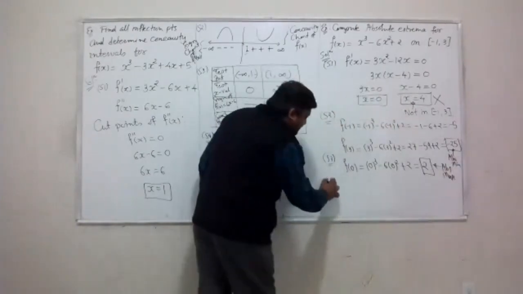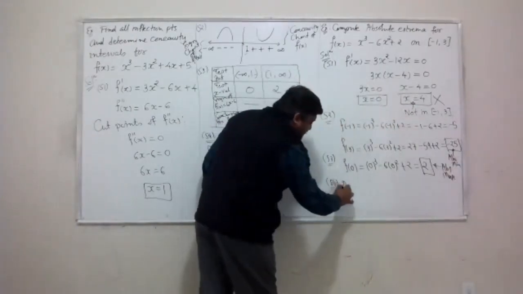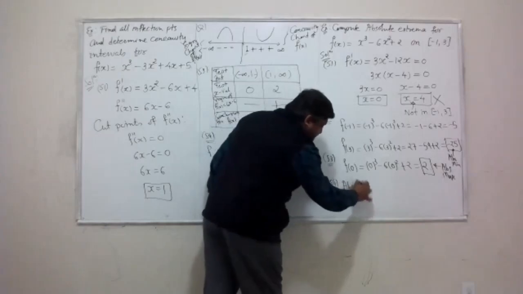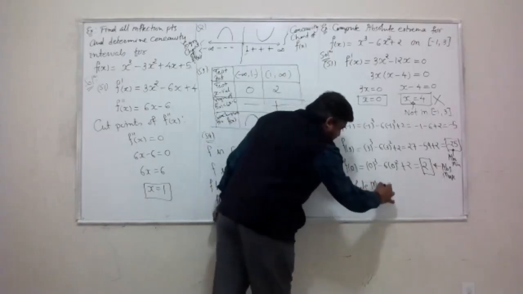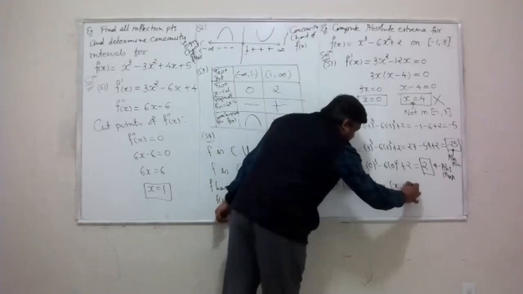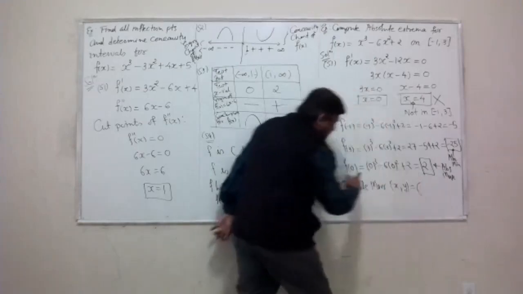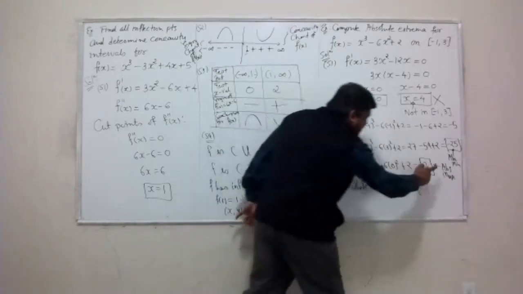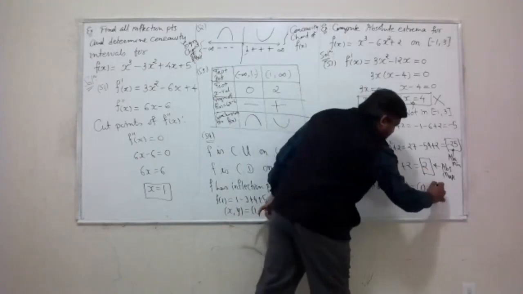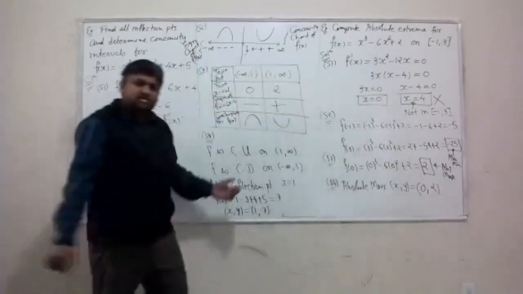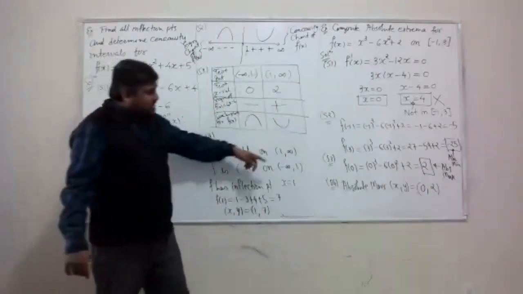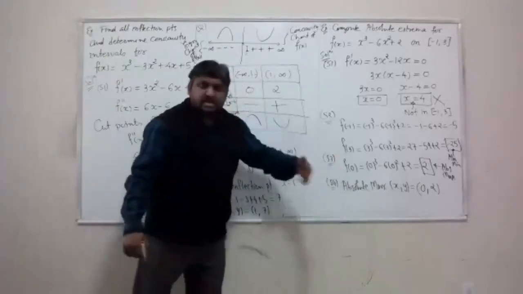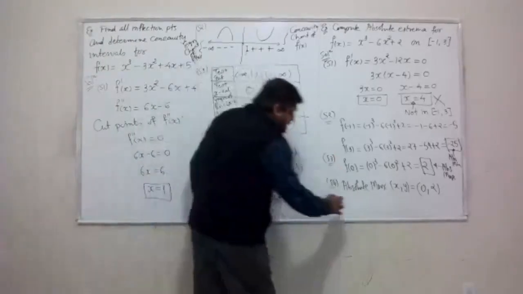Let me write down that answer in the 4th step. Absolute max in x, y format. Look, it occurs at input 0 with the value 2. So 0, 2. Right? X, y format is already there. We have evaluated the function itself at those points.